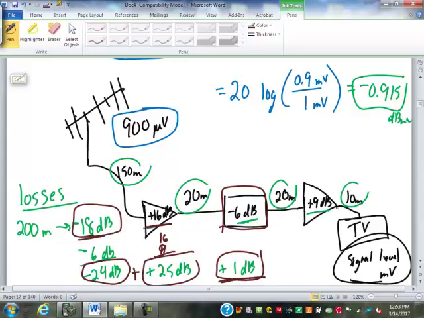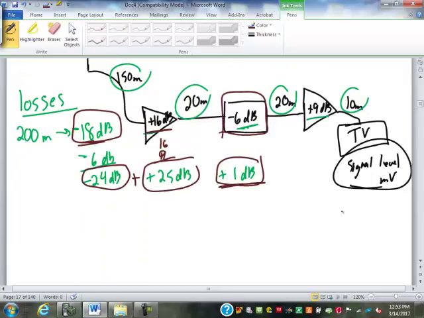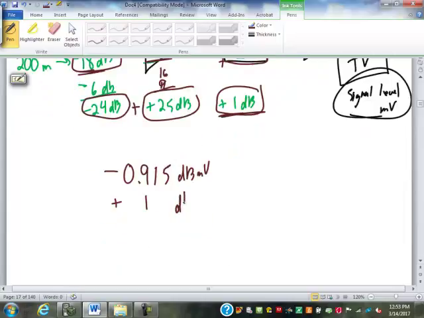So from our negative 0.915 that we had before, we are going to add 1 dB to that, which is going to give us a positive 0.085 dBmV.